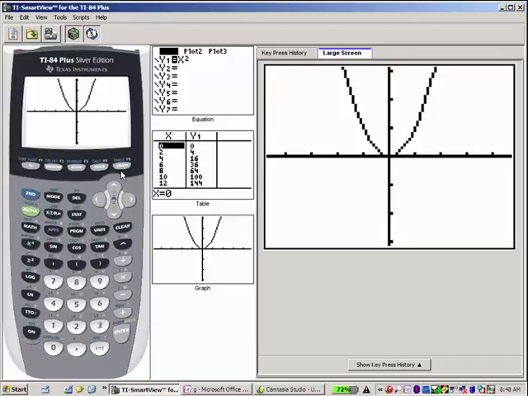Not what would it be in terms of the function, but what would it look like? Can you think about that? It would be horizontal. Sam? It would go like that. So it would be a parabola opening to the right, and it would not be a function.